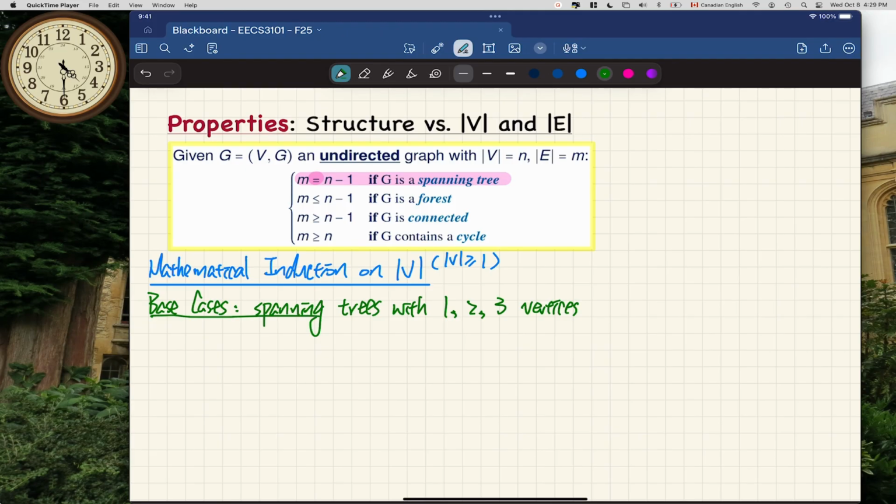Let's see, based on these spanning trees, is the property here going to hold? Right? We can easily show that. Okay? Let's say when the number of vertices is exactly equal to 1, right?